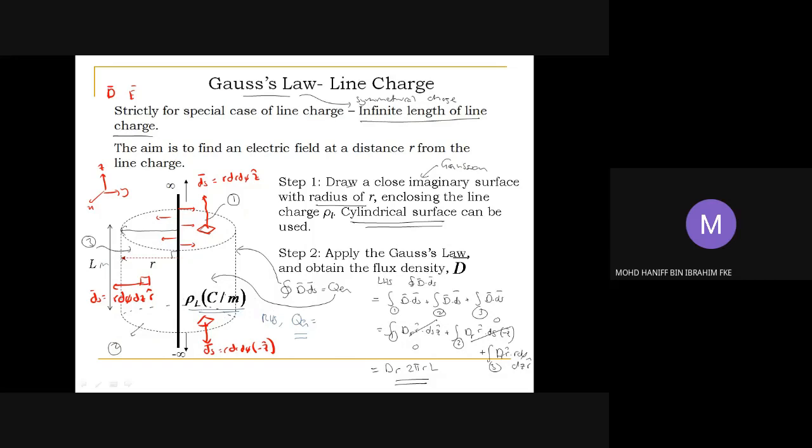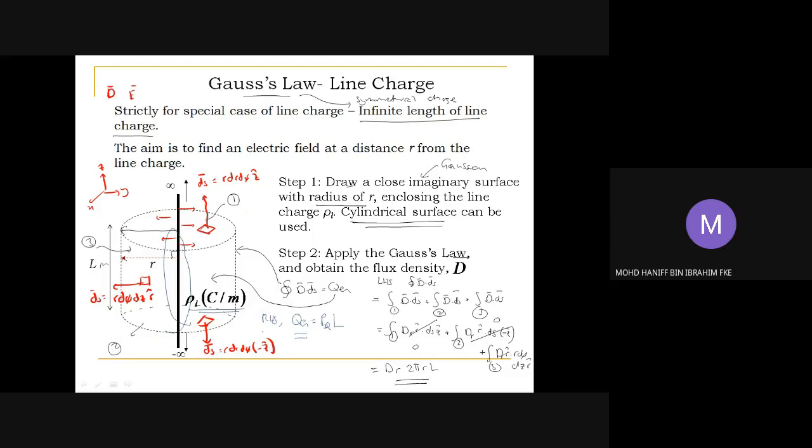Because rho L is in coulombs per meter and the length of the closed surface is L. Multiplying these two terms gives the amount of charge inside this Gaussian surface. So the enclosed charge will be simply rho L multiplied by L. That should be your enclosed charge. Hopefully you understand.